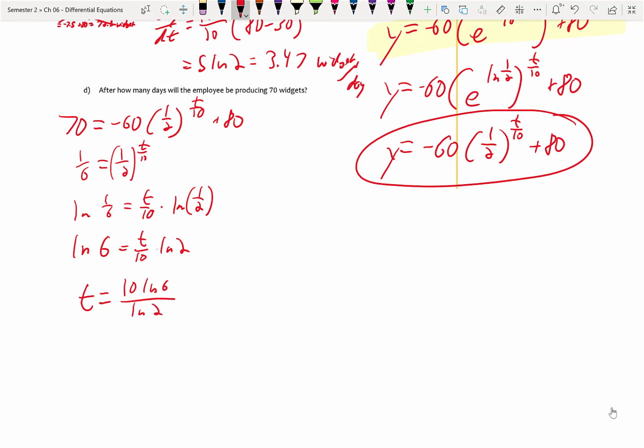That's about as simplified as you can get for calculator-ready mode. Because I'm out of class right now, I can go ahead and just calculate this. I'm typing 10 ln of 6 over natural log of 2 into my calculator, and we get about 25.85 days, or we can say 26 days if we want to round up.